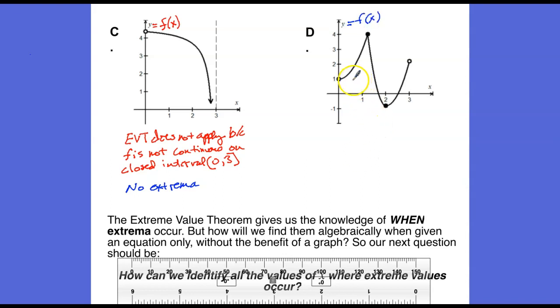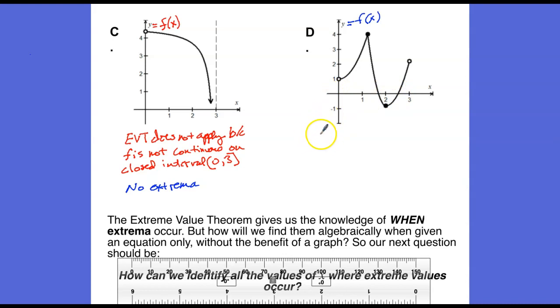And here again, we can see that we have a function that is not continuous on the closed interval because the endpoints are holes. So this would actually be a function on the open interval from 0 to 3 with the endpoints not included.